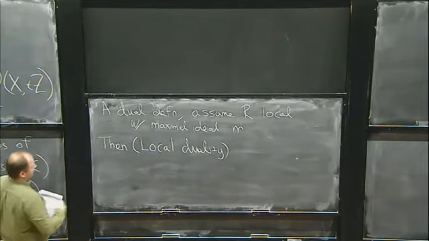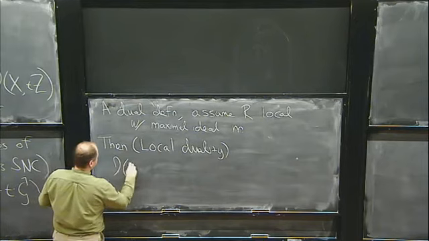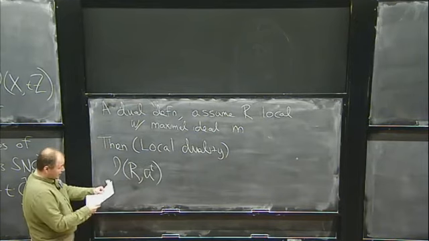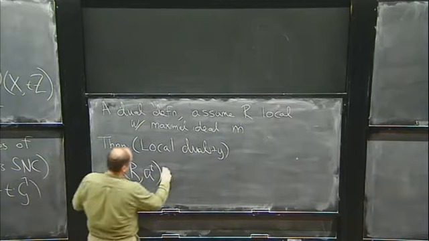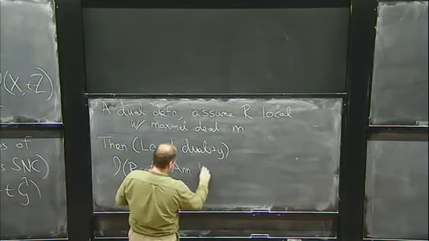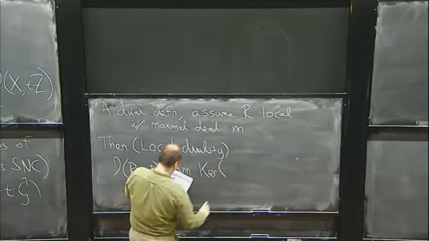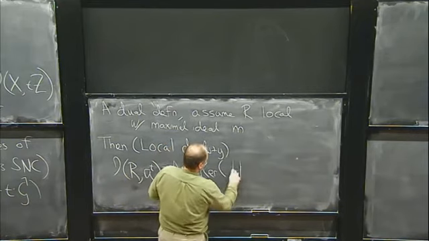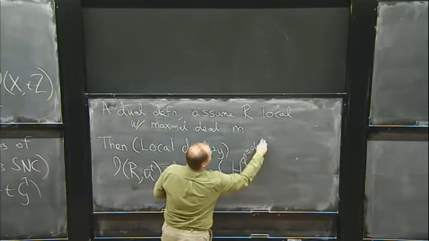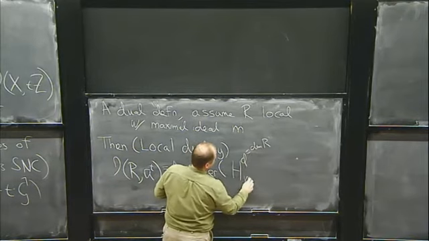It turns out that the multiplier ideal is equal to the annihilator of the kernel of the map from the D equals top local cohomology of R.